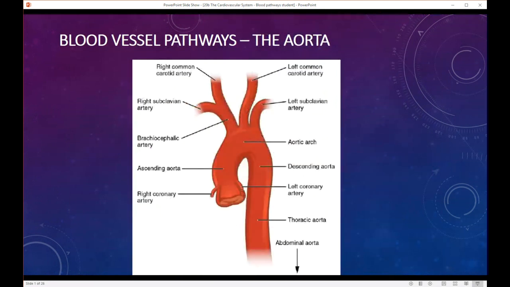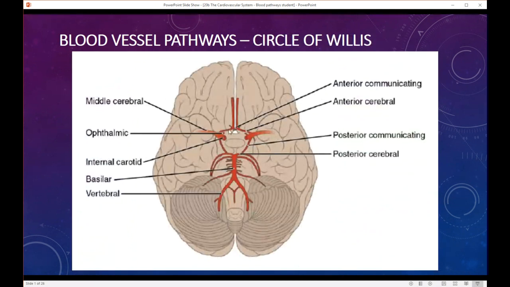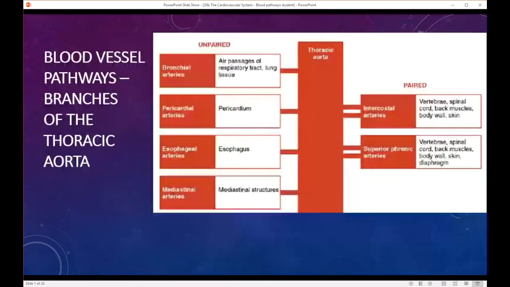Now, how do we get into that common carotid? Well, we can go up directly into the left common carotid artery, or we can go into the brachiocephalic and then the right common carotid artery, okay? So then once we come up, we're going to go through the internal carotid, and we're going to come up into that circle of Willis, into the middle cerebral artery to hit the center of the brain.